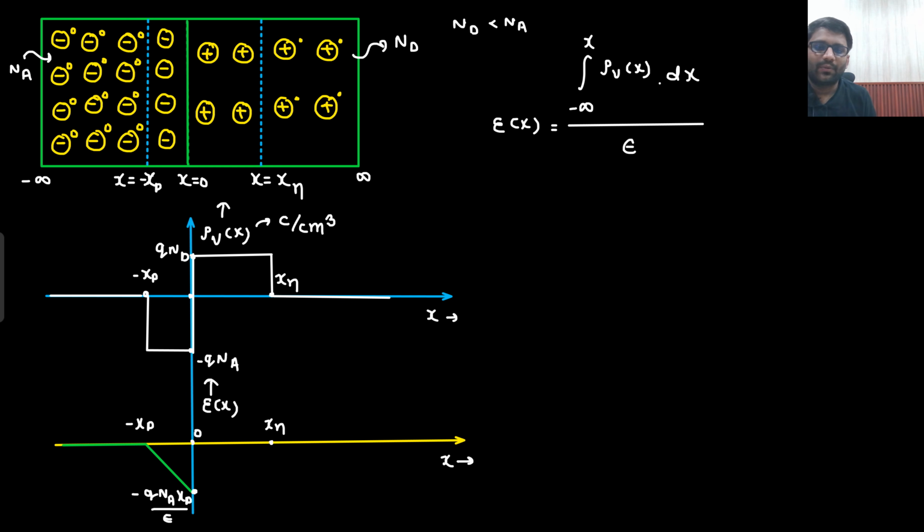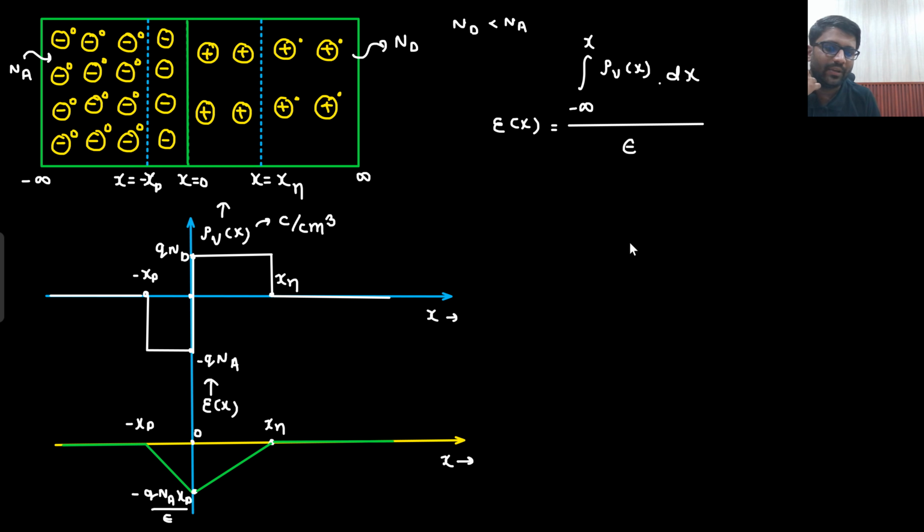Just let me know what will be the value of electric field at xn. Use your brain. That value will be 0. Why is that so? Why will the value be 0 at xn? Because this particular area would be equal to this particular area only. What would this area represent?